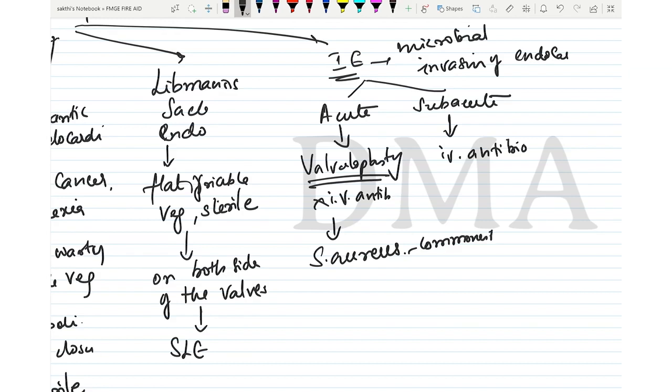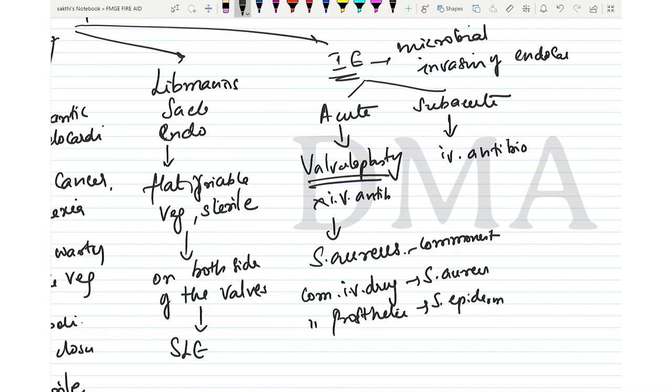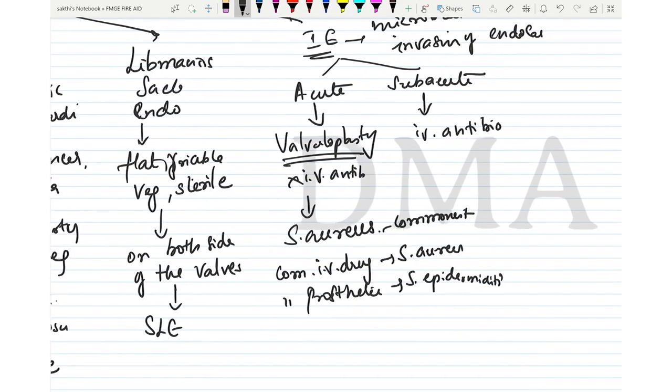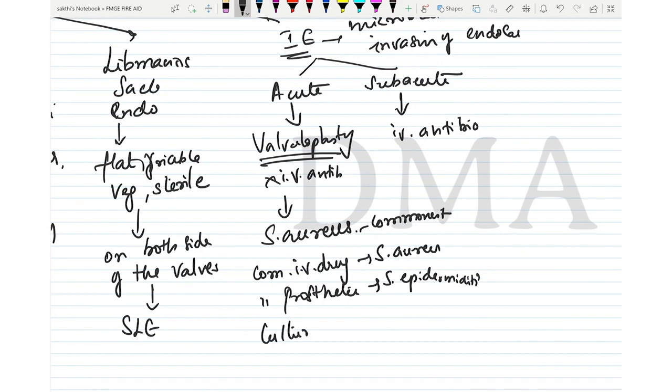Culture negative infective endocarditis is caused by a group of organisms called HACEK: Haemophilus aphrophilus, Actinobacillus actinomycetemcomitans, Cardiobacterium hominis, Eikenella and Kingella kingae. Whereas the commonest cause of subacute infective endocarditis is Streptococcus viridans, and subacute endocarditis following tooth extraction is caused by Streptococcus mutans.